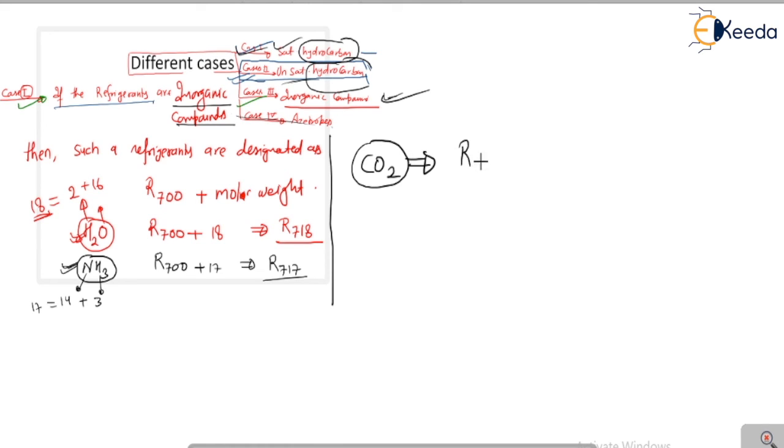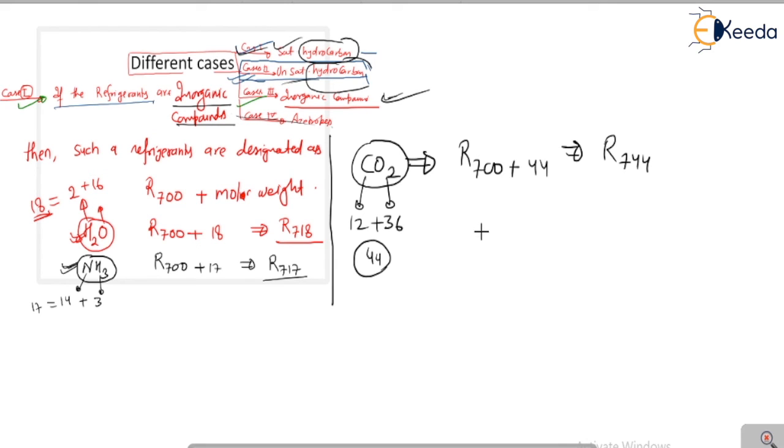That means you have to write 700 plus the molecular weight of carbon dioxide. That means this is 12 and this is 16 into 2, that means 32. Is it right? That means this overall value is nothing but 44. You have to add this 44 value with 700. That means the special designation of carbon dioxide is nothing but 744.